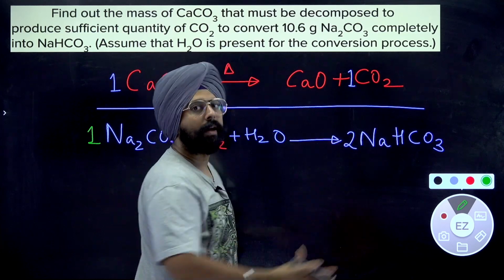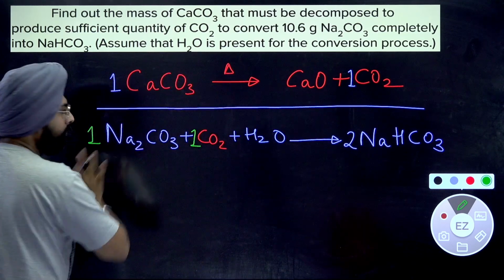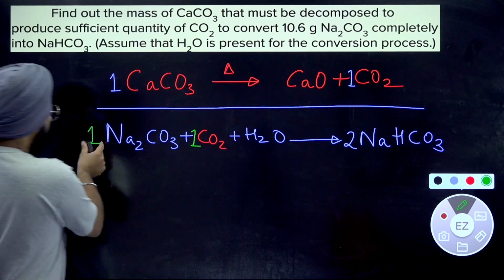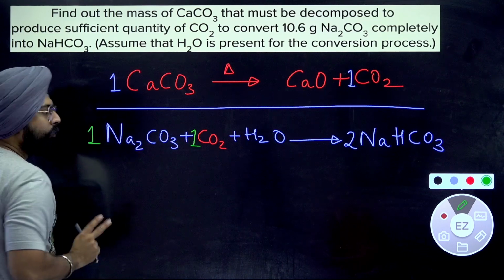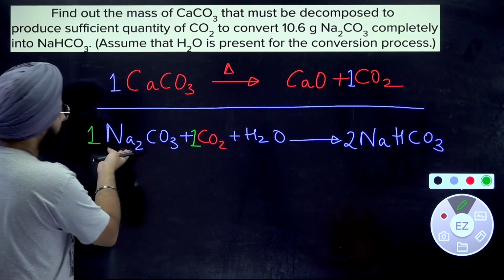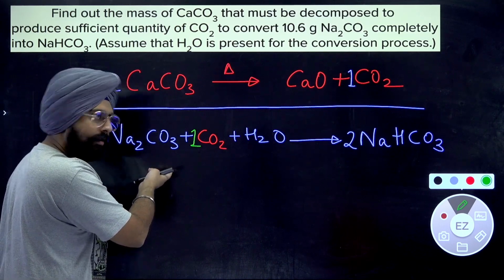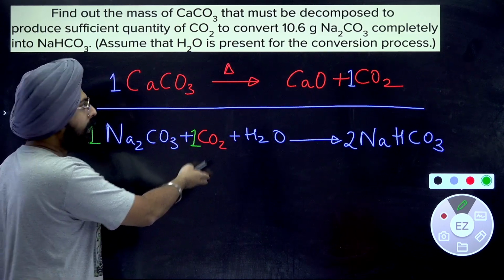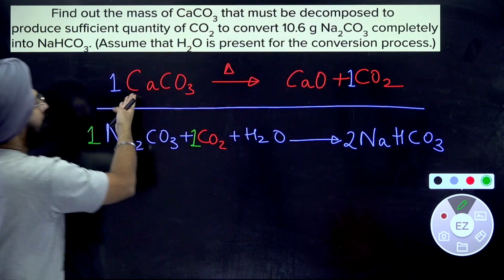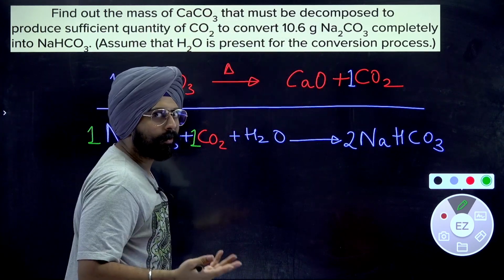NaHCO3 is sodium bicarbonate. This is sodium carbonate. 1 mole of CO2 is required per mole of Na2CO3. So if I figure out how many moles of Na2CO3 I have, I know how much CO2 I need. If I know how much CO2 I need, I know how much CaCO3 I should start with.